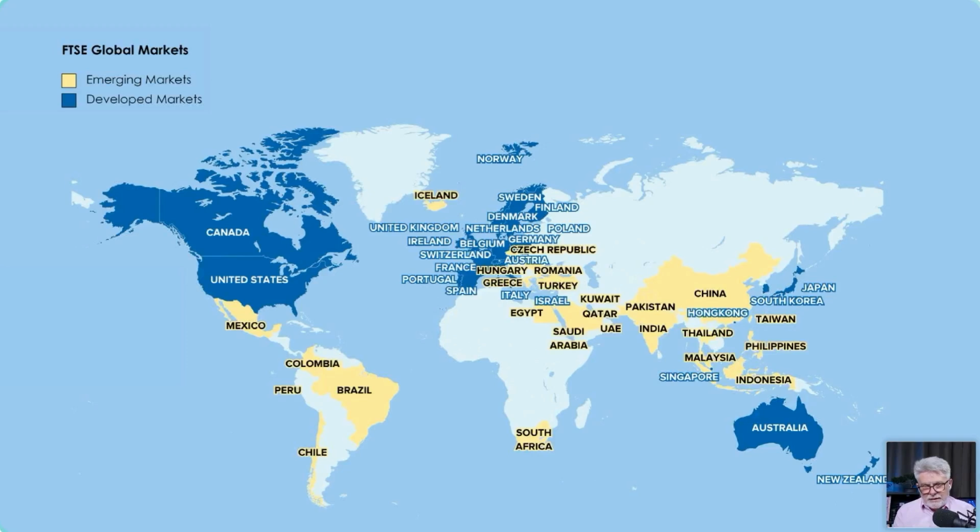South Korea is a developed market in the FTSE, but an emerging market in the MSCI. And this matters when you start mixing. So what you don't want to do is choose a FTSE developed market and pair it with an MSCI developed market. So be aware that not all indexes are created equal.